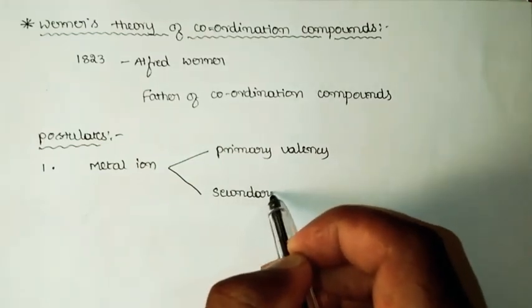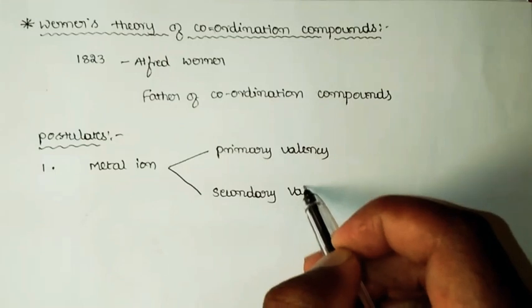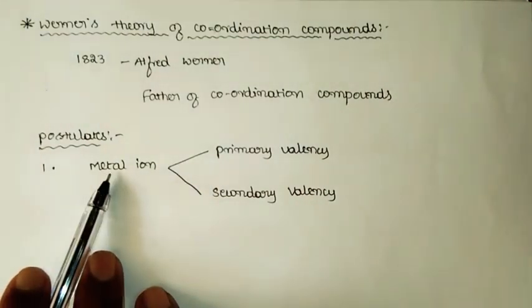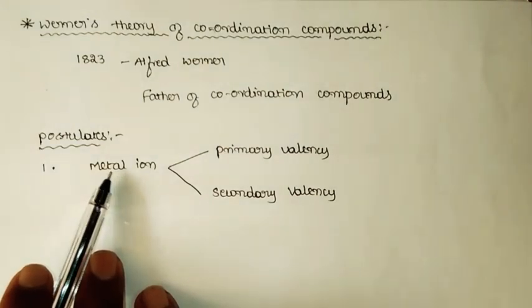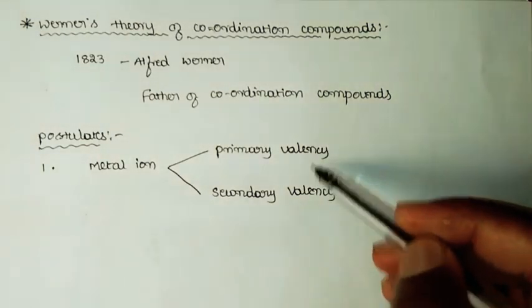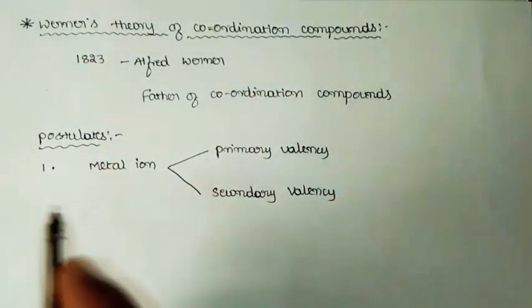So this is the first postulate proposed by Alfred Werner under his theory, according to which the central metal ion of the given complex compound does possess two types of valencies, that is, primary valency and secondary valency.